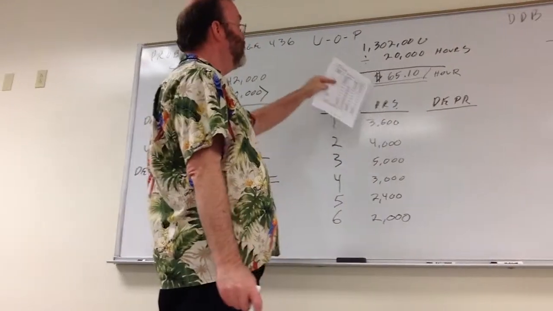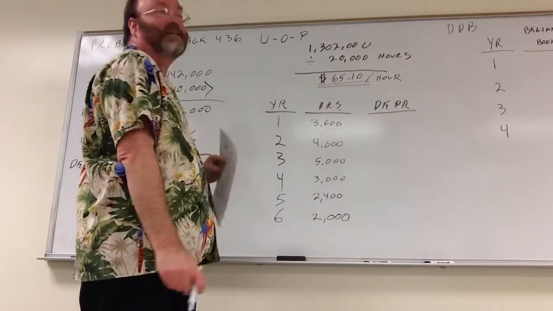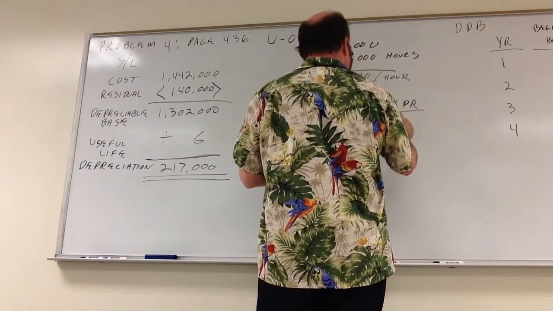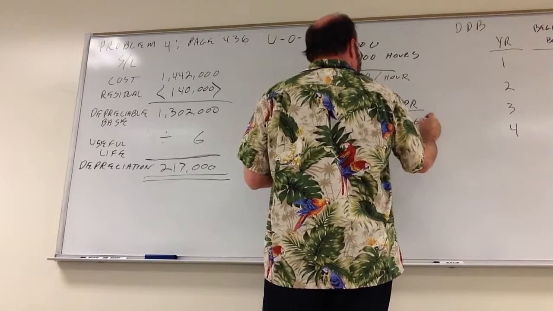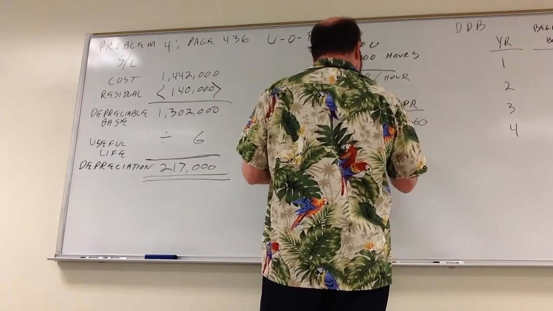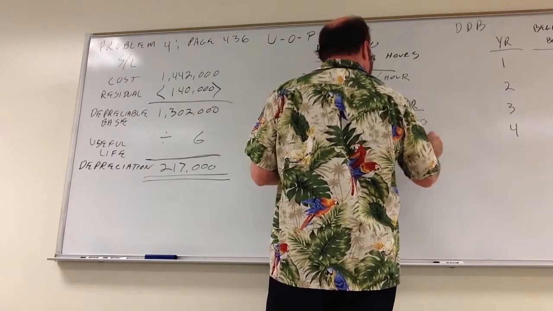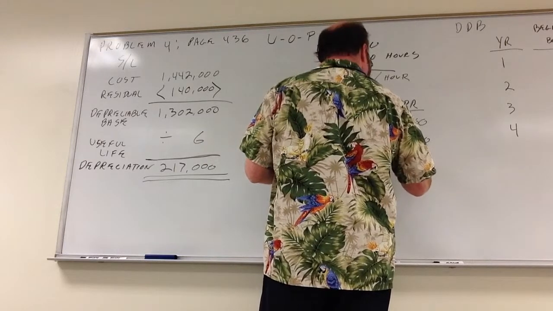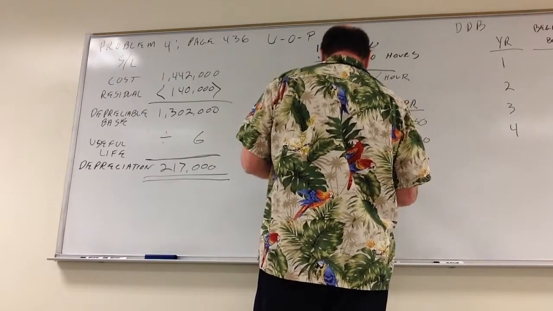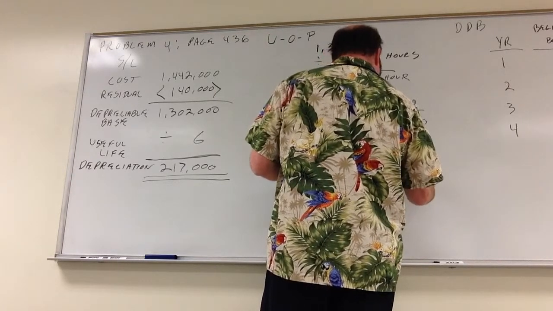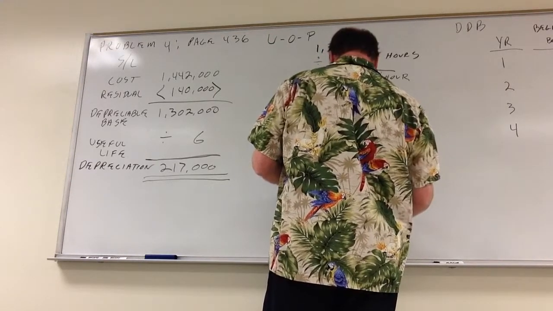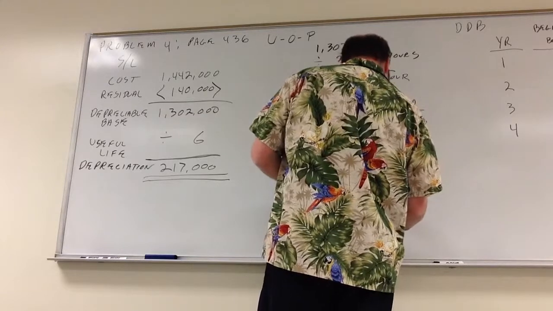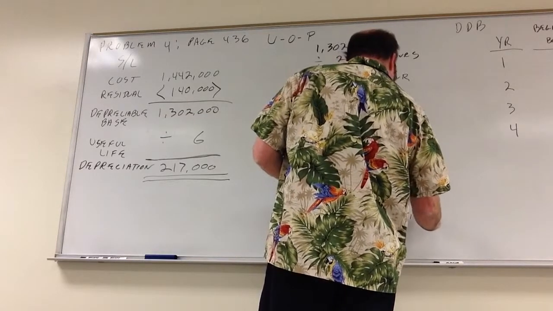Multiply each of those years by the $65.10 depreciation rate, you get $234,360, $260,400, $325,500, $195,300, $156,240, and $130,200.